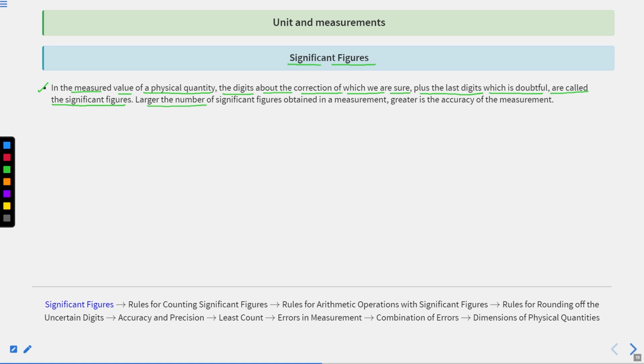The larger the number of significant figures obtained in a measurement, the greater is the accuracy of the measurement. Clear? Significant figures.